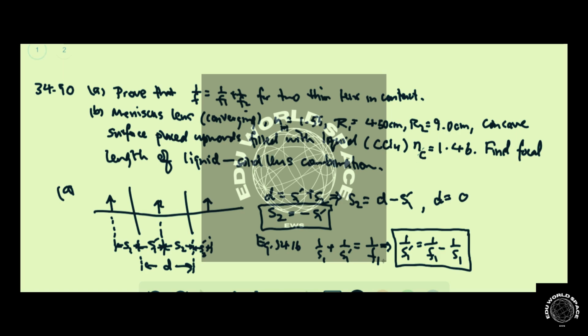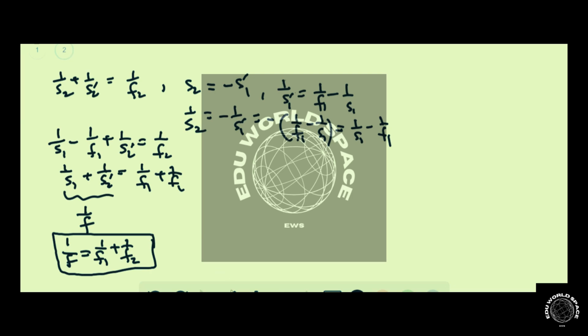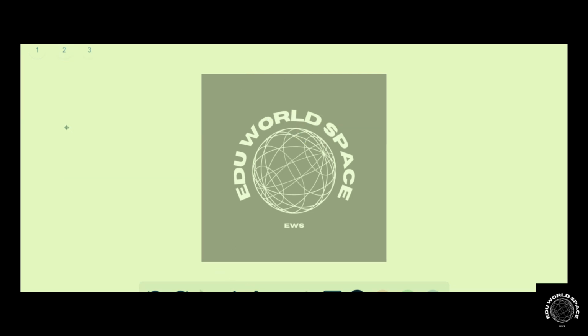So in part B, we have some meniscus lens with an index of refraction and the radii of curvature. So we're told that it kind of is turned up like this. And let me call the index of refraction with an M for the meniscus lens, which is 1.55.